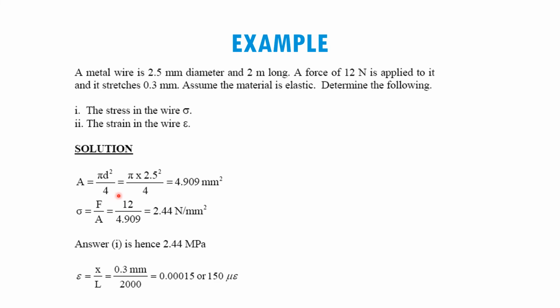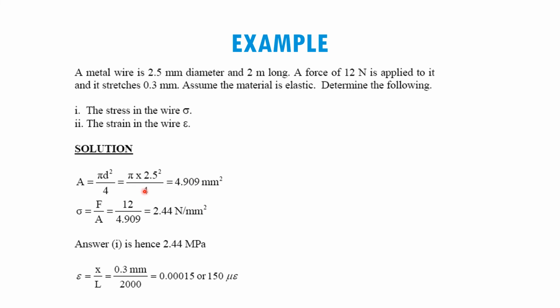Because it is round, you have to calculate using the round cross-sectional area. At this point, we get 4.909 mm squared. So then you will be able to get the value 2.44 Newton per mm squared. If we convert it into Pascal, meaning that it has to be converted into meters, you will get 2.44 megapascal.